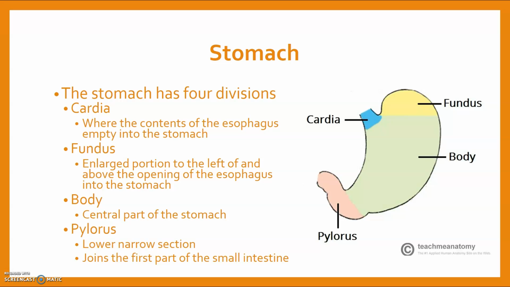The fundus is an enlarged portion to the left of and above the opening of the esophagus into the stomach. Then you have the largest part of the stomach, which is the body, being that central part. And then you have the lower portion of the stomach, which is called the pylorus. This part of the stomach joins with the first part of the small intestine, which is called the duodenum.